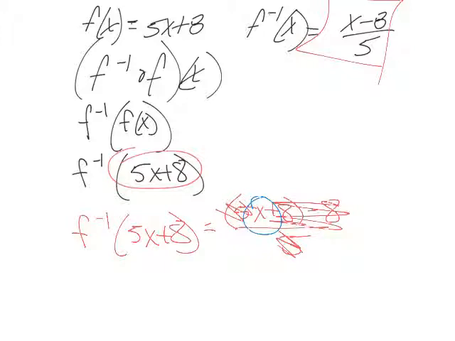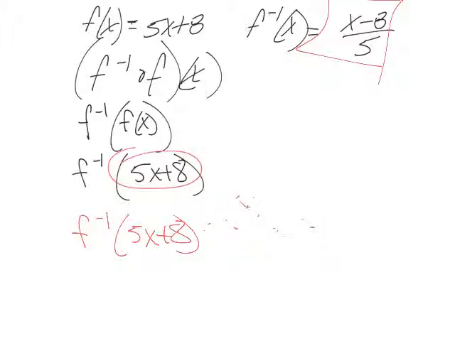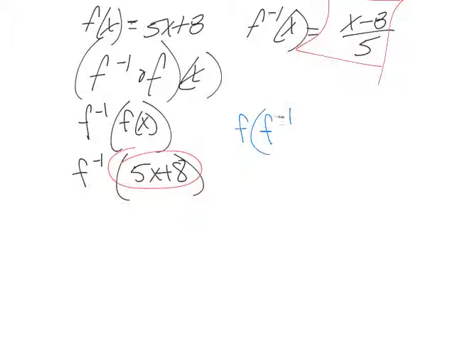Now let's go the other way. Let's look at f of x composite and see what we get. This time I'm going to do f of f inverse of x.